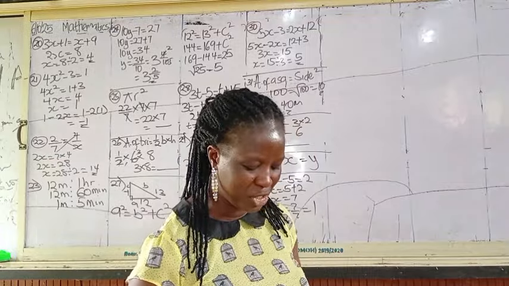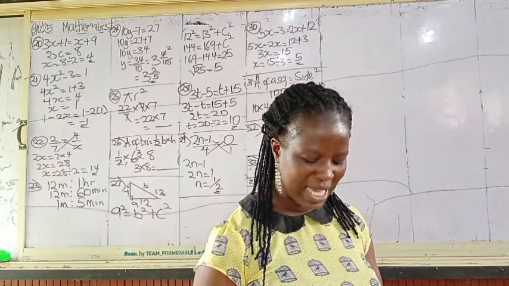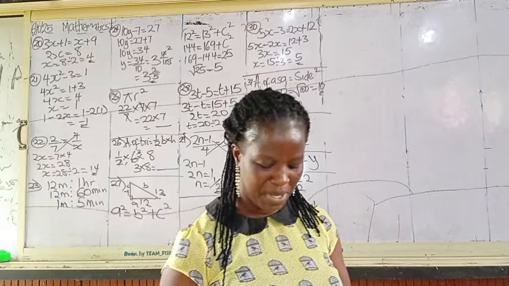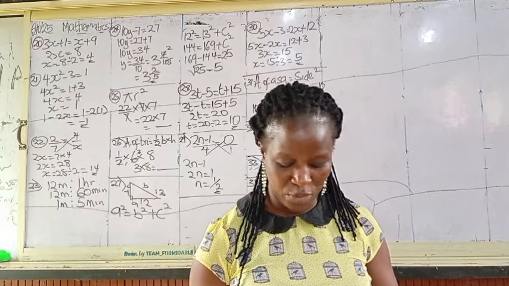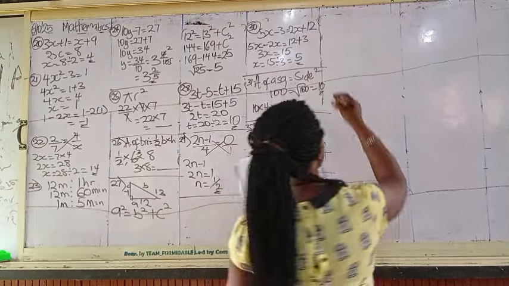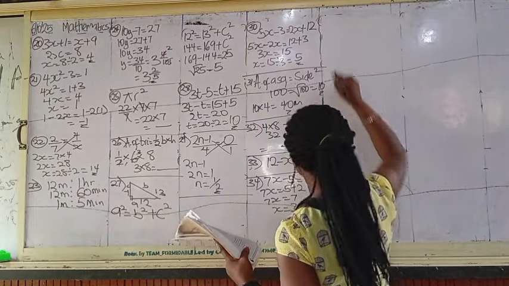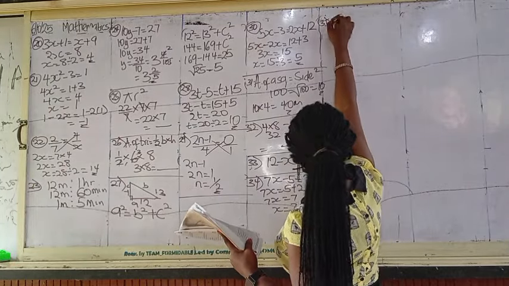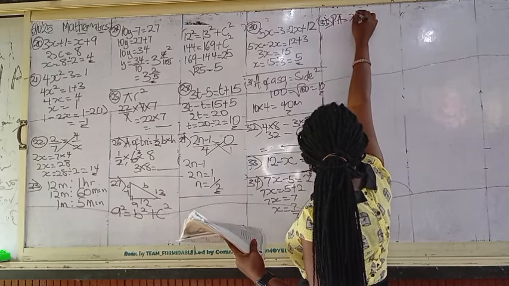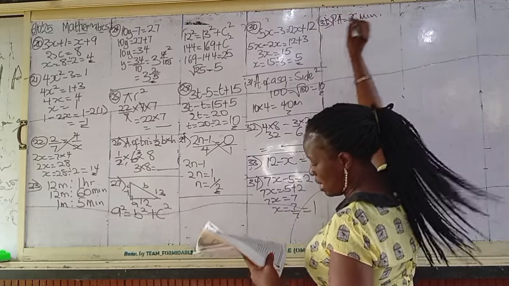In an examination, a boy spends X minutes in part A and 15 minutes in part B. How many minutes did he use for the whole examination? We are told that in part A, he only spent X minutes. We are not told the number of minutes.